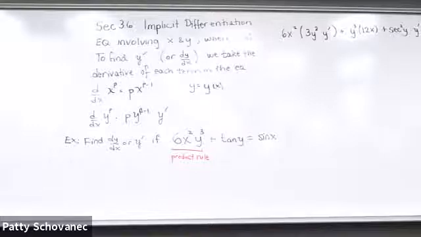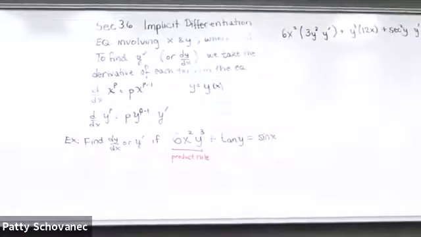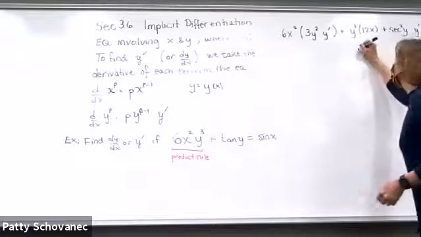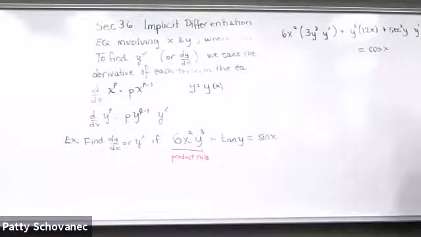And then we have to move across the equal sign and take the derivative of the sine of x, which is just the cosine of x. So our derivative is embedded in an equation. The rest here now involves simplifying this and solving for the derivative term.